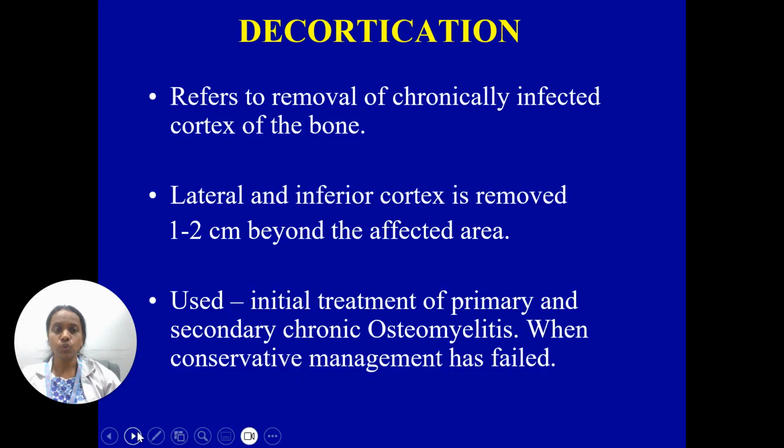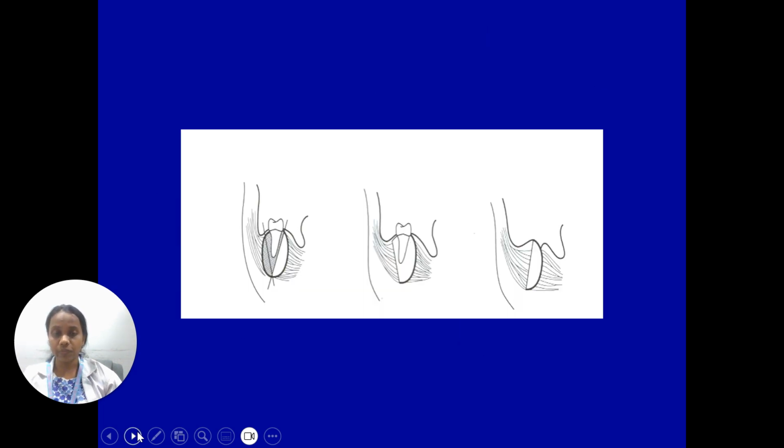Decortication refers to the removal of a chronically infected cortex of the bone. Lateral and inferior cortex are removed 1 to 2 centimeters beyond the affected area. This surgical option is chosen only when the conservative methods have failed.